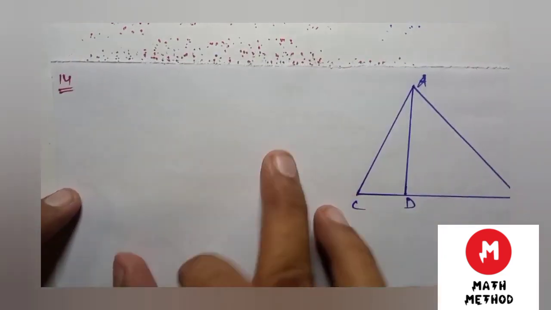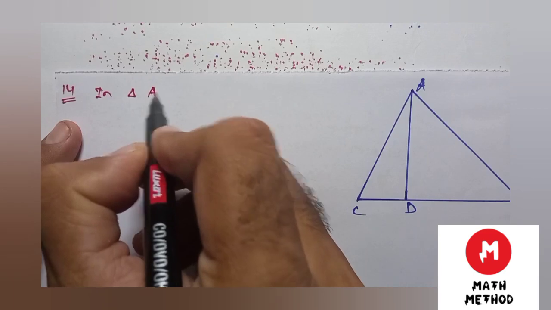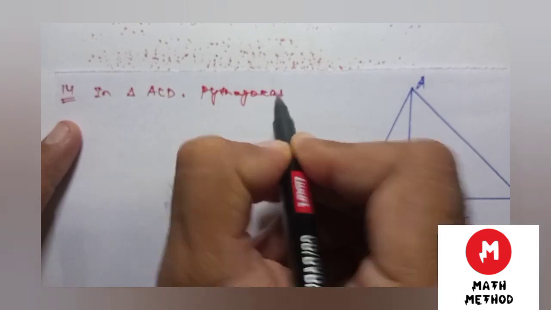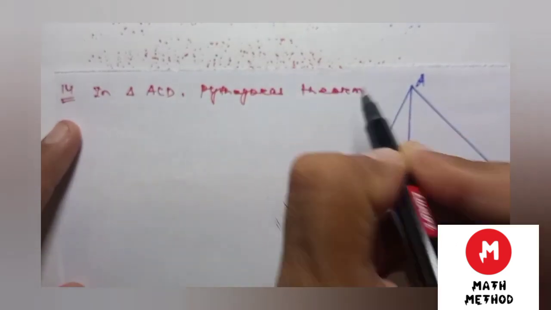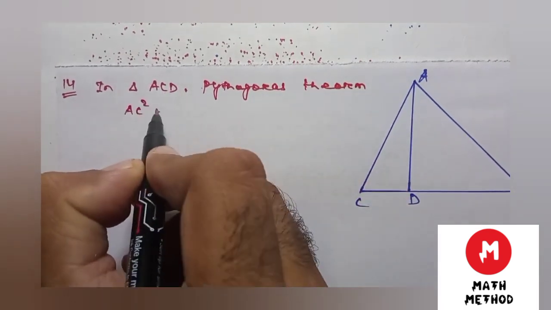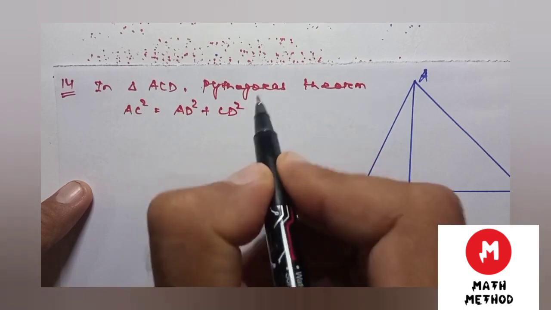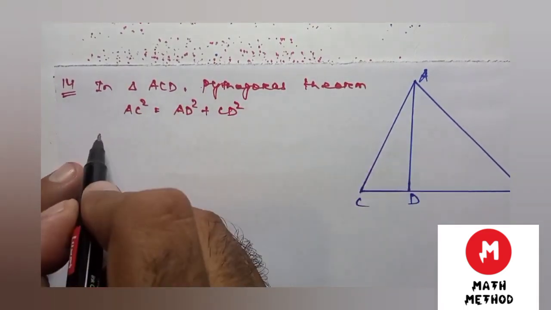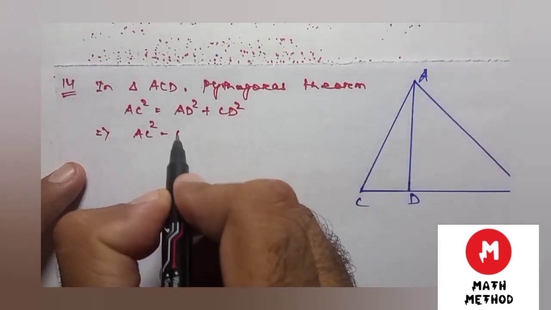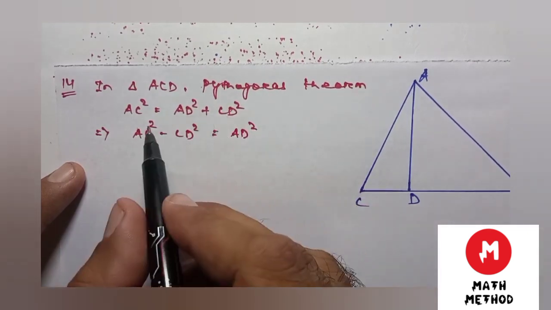Now we will write like this. In triangle ACD, by Pythagoras theorem, we will get AC square is equal to AD square plus CD square. Clear? So it implies AC square minus CD square is equal to AD square, by transposing CD square to LHS.